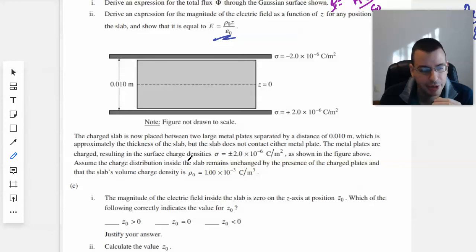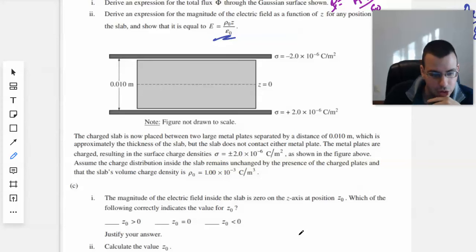The metal plates are charged, resulting in surface charge densities of 2 times 10 to the negative 6, so 2 microcoulombs per meter squared, as shown in the figure above. Assume the charge distribution inside the slab remains unchanged, therefore uniform and positive, by the presence of the charged plates, and that the slab's volume charge density is 1 times 10 to the negative third coulombs per cubic meter.